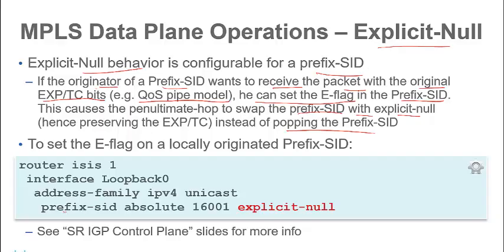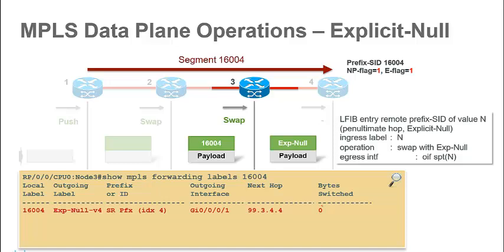See, this is the command. On router 1, this is for router 1. How do I know? Because I see 1. Prefix SID absolute 16001 explicit null, meaning while advertising, tell that I want the label, don't pop.